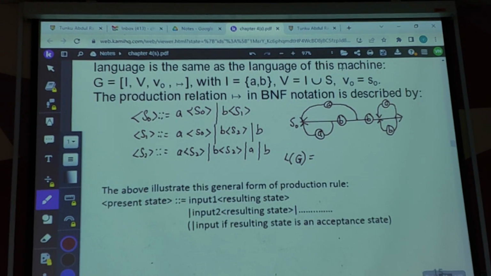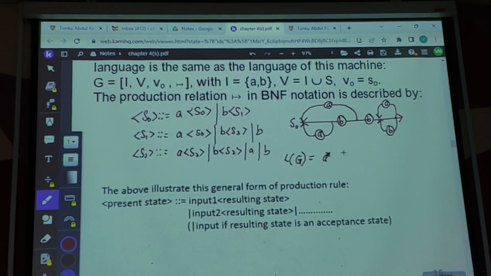You still remember your LG or not? Yes. A loop then B. B. A loop. B. The whole loop. Come B. What happened after B?